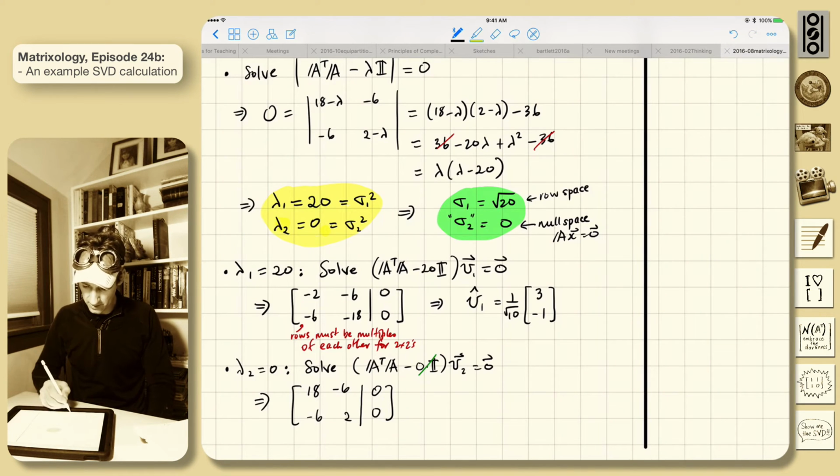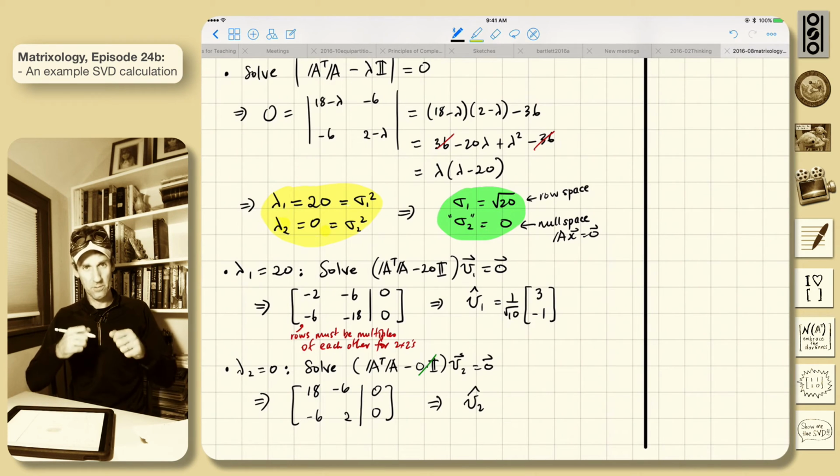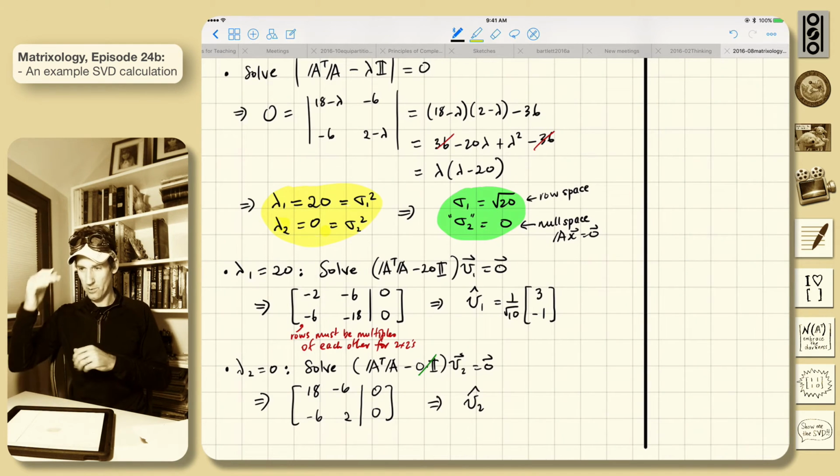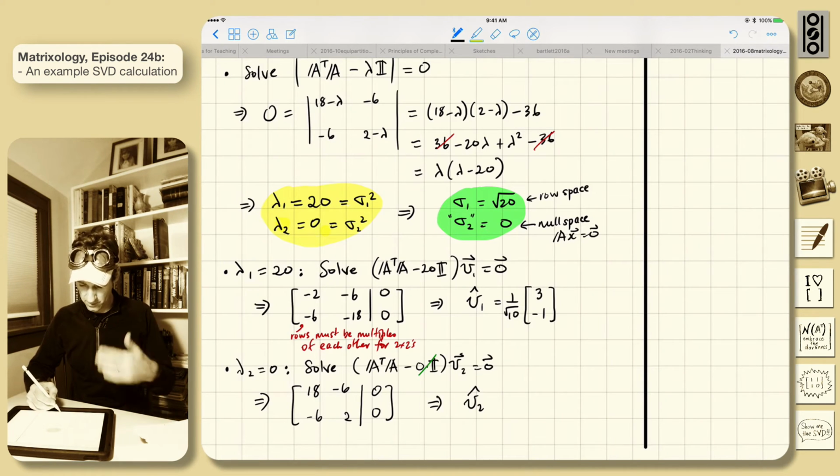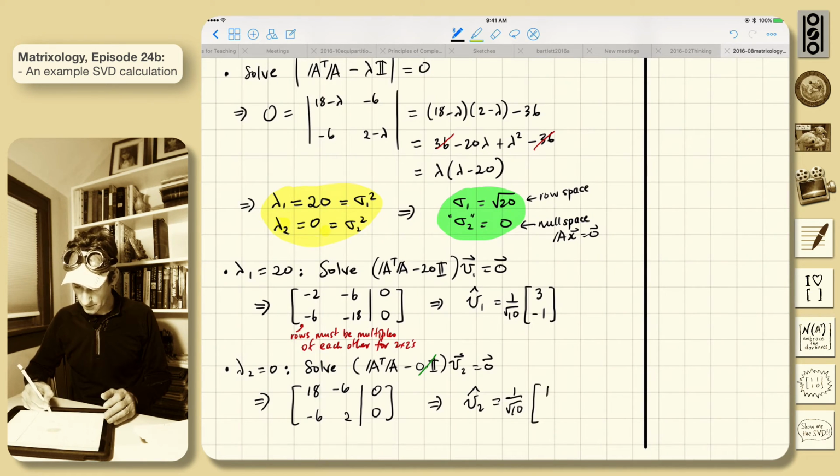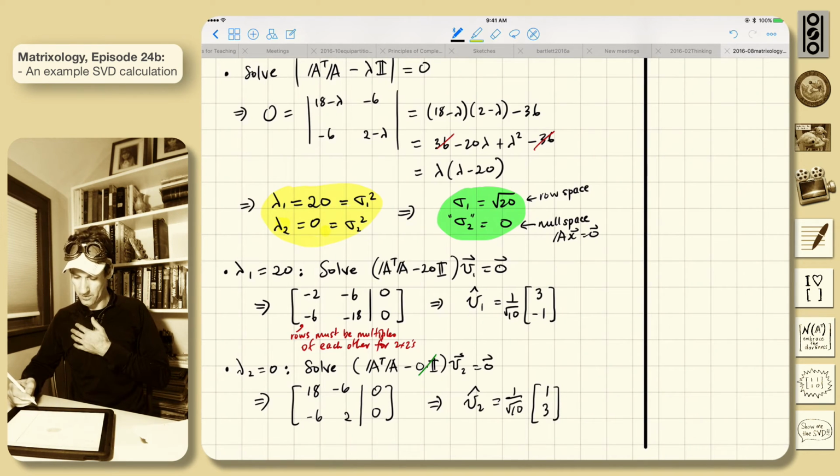And the same story, we can just read it off, we can just swap them, right? We can put 6 and 18, and swap the signs, and then divide through by 6, and normalize it properly, so 1, 3, right? That's at right angles to both of these rows.